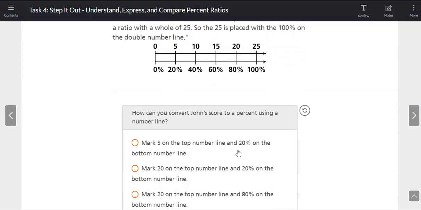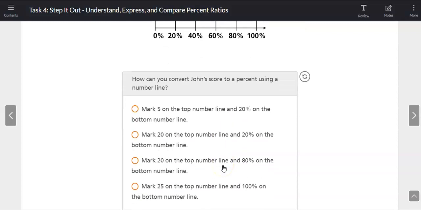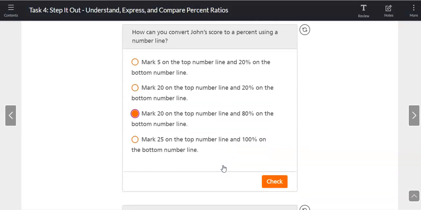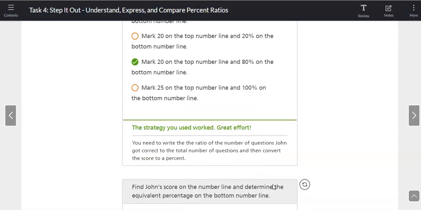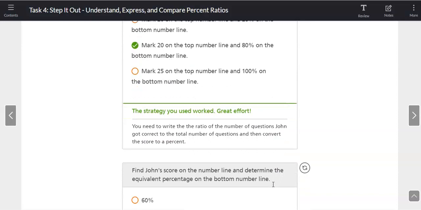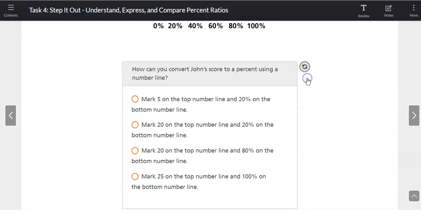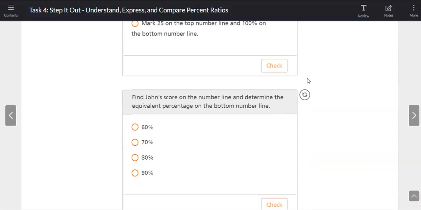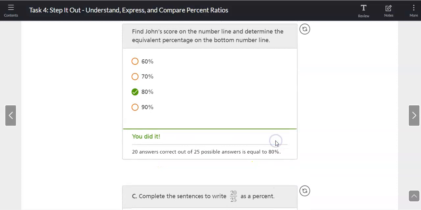So we have to figure out which one we are going to choose here. So we're going to mark 20 on the top number line and 80% on the bottom. Find John's score on the number line and determine the equivalent percentage on the bottom, and that would be 80%.